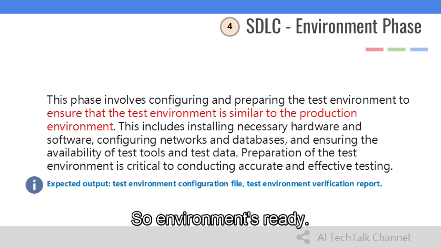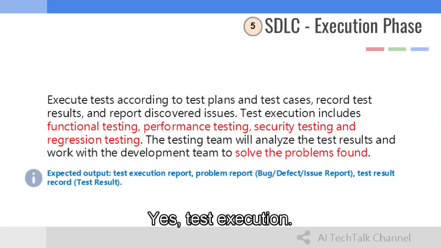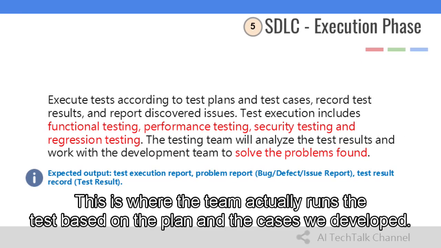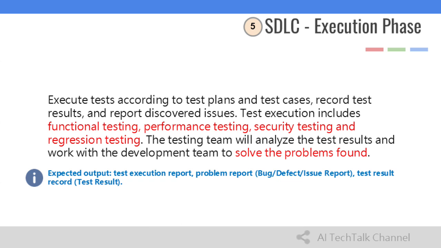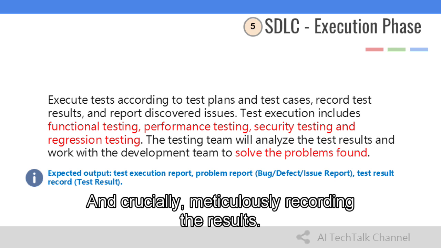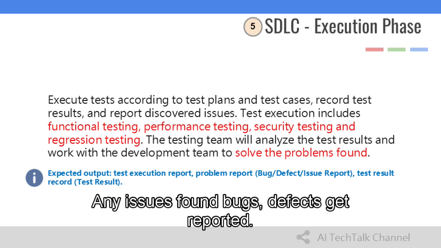So the environment's ready. Finally, time for test execution. This is where the team actually runs the tests based on the plan and the cases we developed. Clicking buttons, running scripts, and crucially, meticulously recording the results. Did it pass? Did it fail? If it failed, what happened? Any issues found, bugs, defects, get reported.